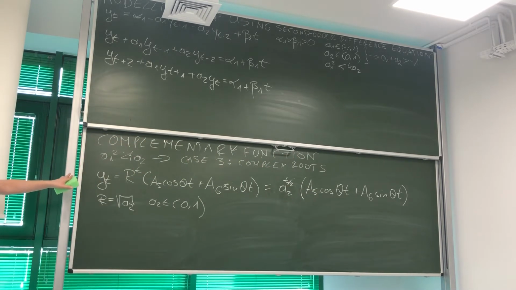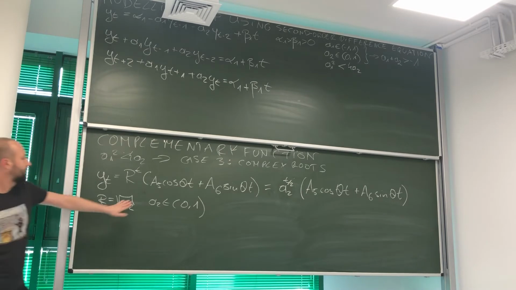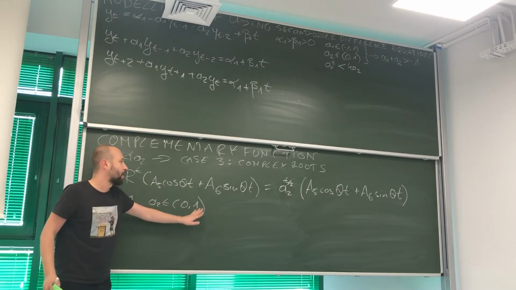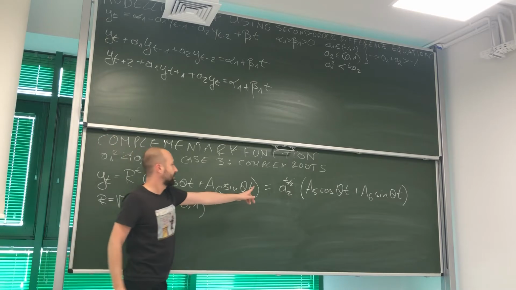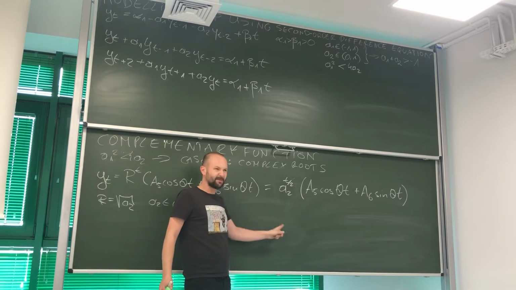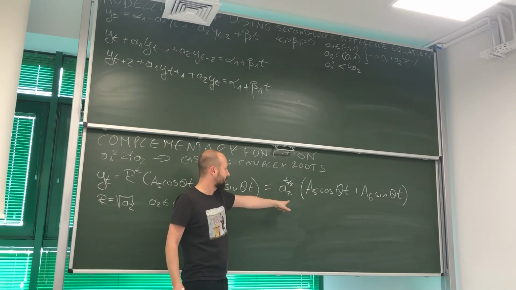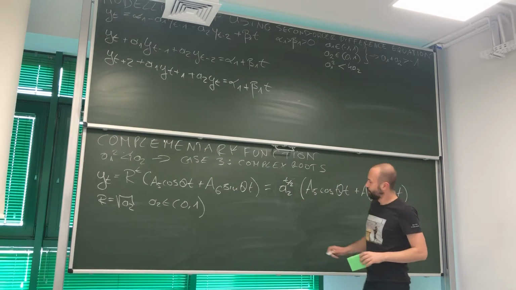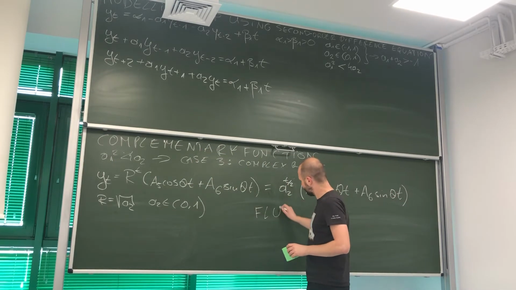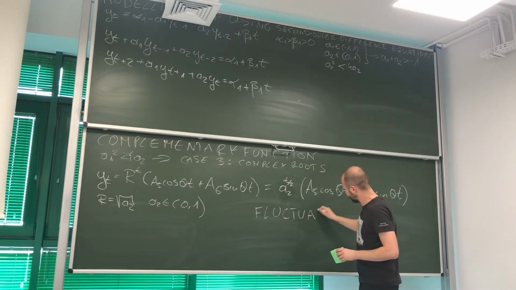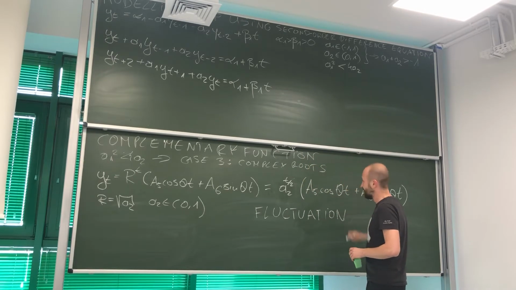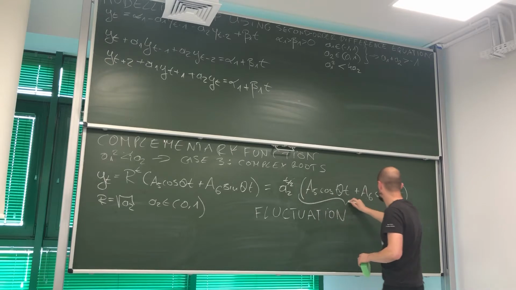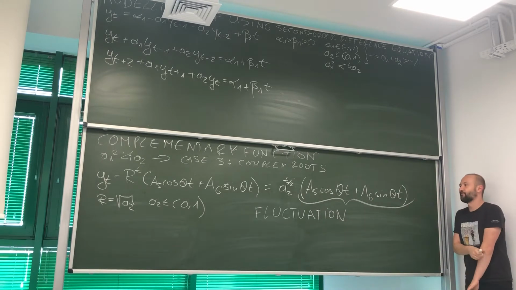Okay, at this moment, because a2 is between 0 and 1, we know that this expression with time is going to get smaller and smaller. So we know that on one hand, we've got fluctuations, and those fluctuations, of course, come from here.